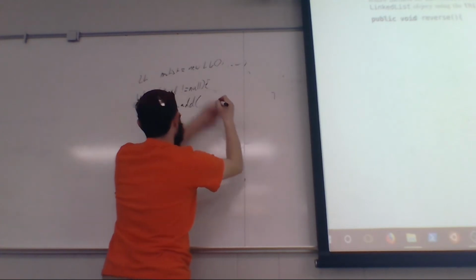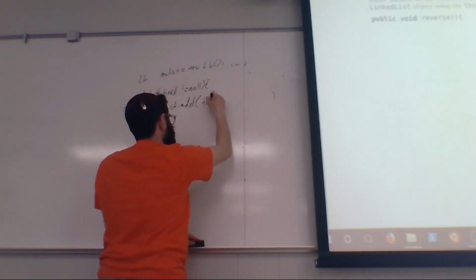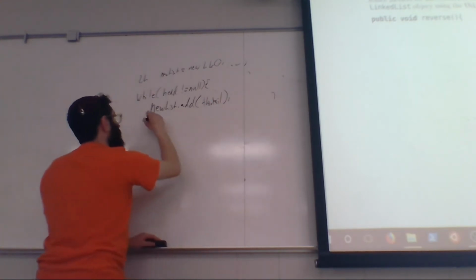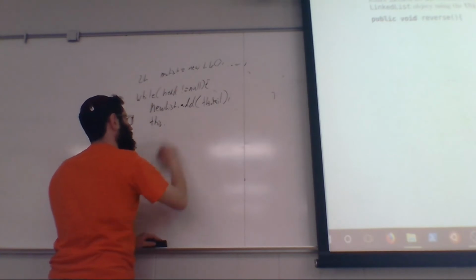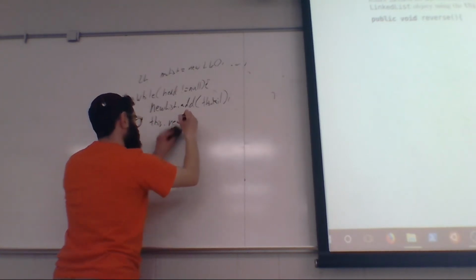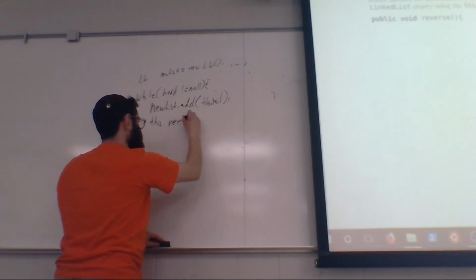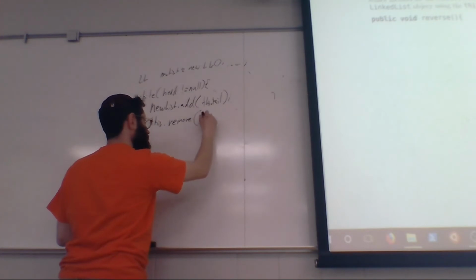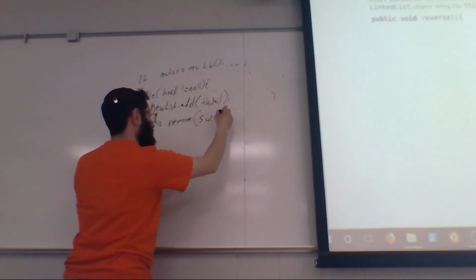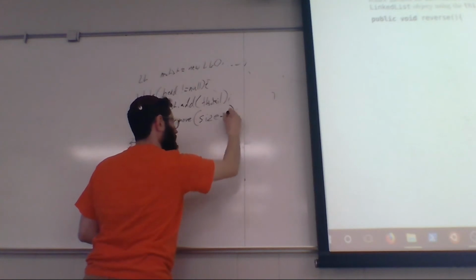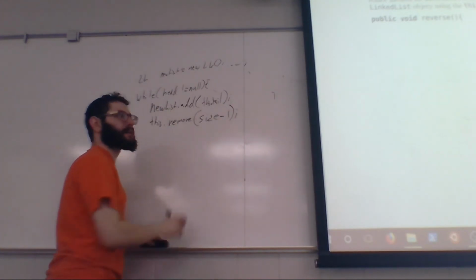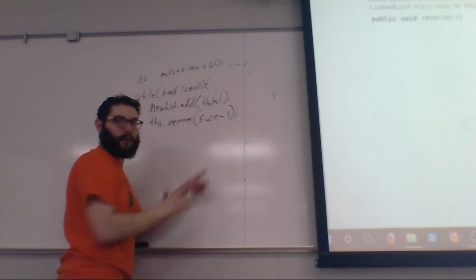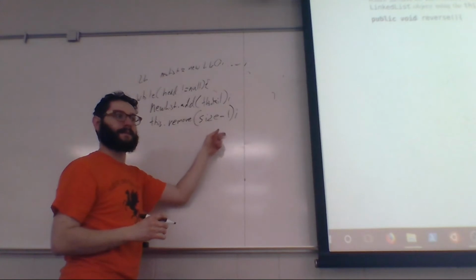New list dot add this dot tail, and then from this list we are going to remove the size of the list minus 1, right? Remove the last index. So just simply add the current tail, remove the last index, and then we'll keep going, and this dot tail will keep getting updated by removing them.